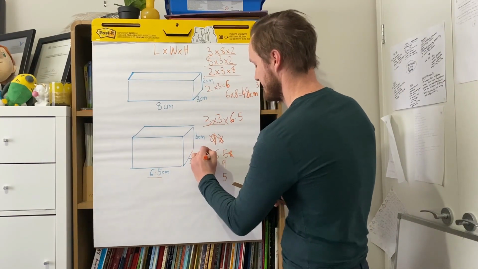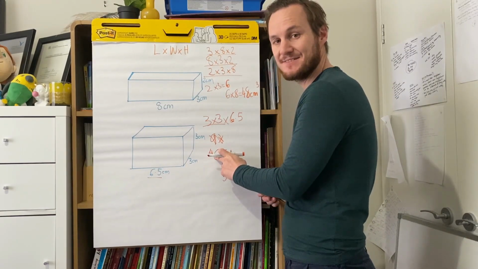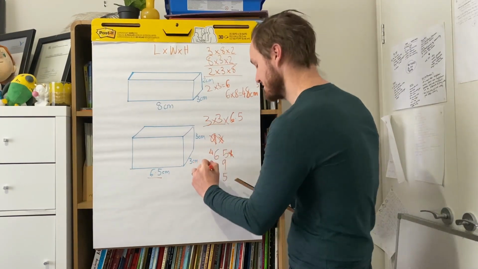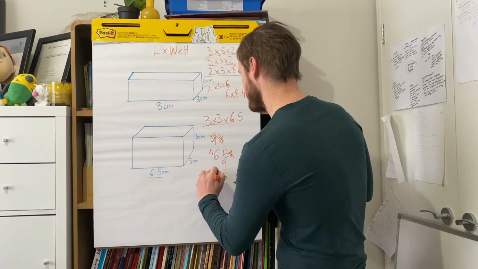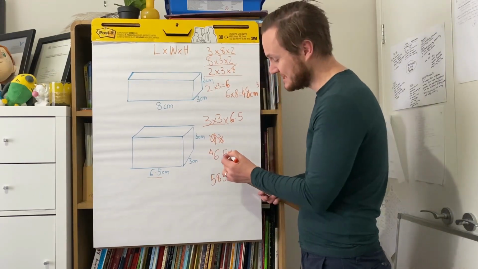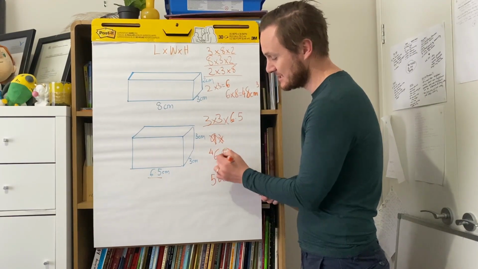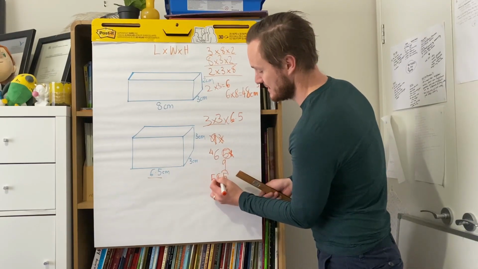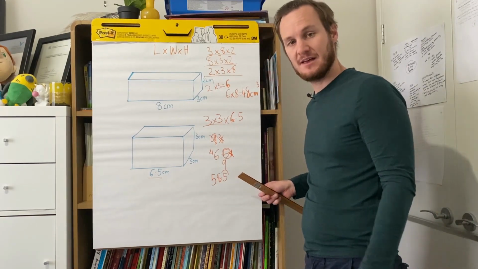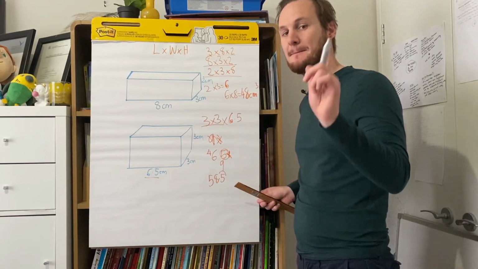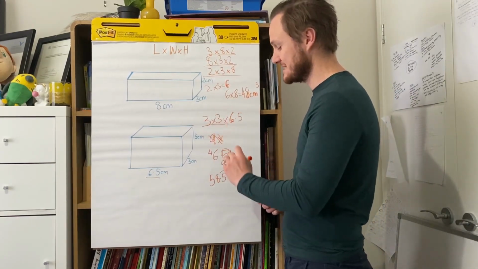Put the 4 up here. 9 times 6 is 54, plus the 4 is 58. Now, because we count how many digits are after the decimal place, 1, we go back 1 place and put a dot there. 58.5 is my answer, but it's not my whole answer.